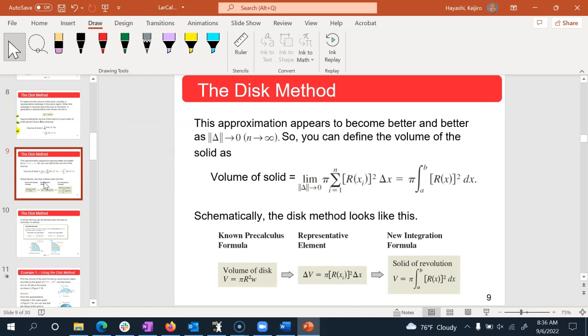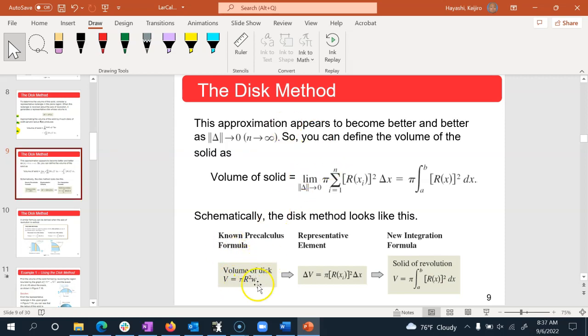So on Thursday we talked about the idea of a representative element and how it can contribute to integration formulas in a process that's sort of the same every time.